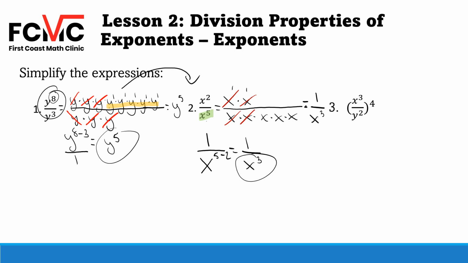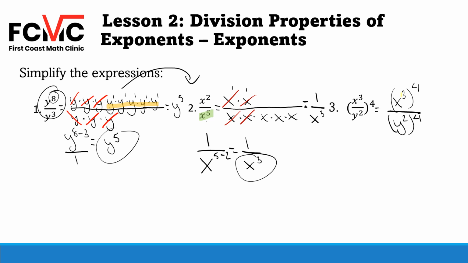For number 3, x to the 3rd over y to the 2nd, all to the 4th. So we're going to use our quotient to a power rule. So let's raise each term to the 4th power. So we can raise x to the 3rd to the 4th over y to the 2nd to the 4th. Now we could use our property from lesson 1, the multiplication property of exponents, power to a power.